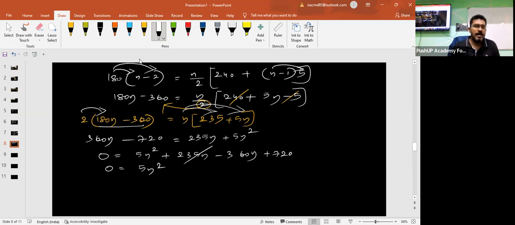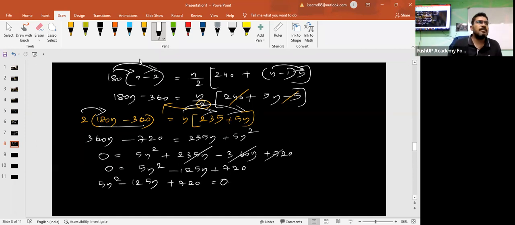What is 235 minus 360? Minus 125. So minus 125n. And here what is left? Plus 720. You keep all the terms on the left hand side and keep 0 on the right hand side.